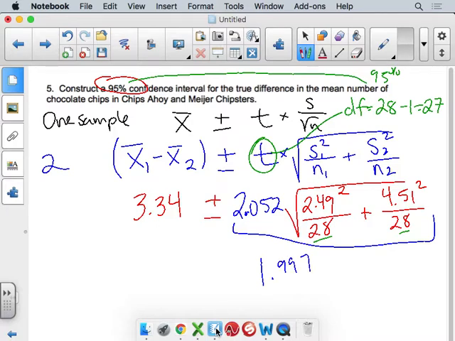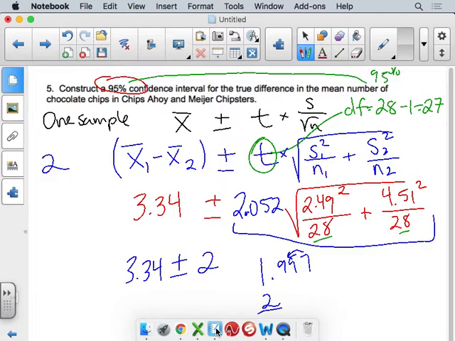So to round up, that would become 0, 0. So this becomes 2, a nice 2 number there, for our margin of error. So it becomes 3.34 plus or minus 2.